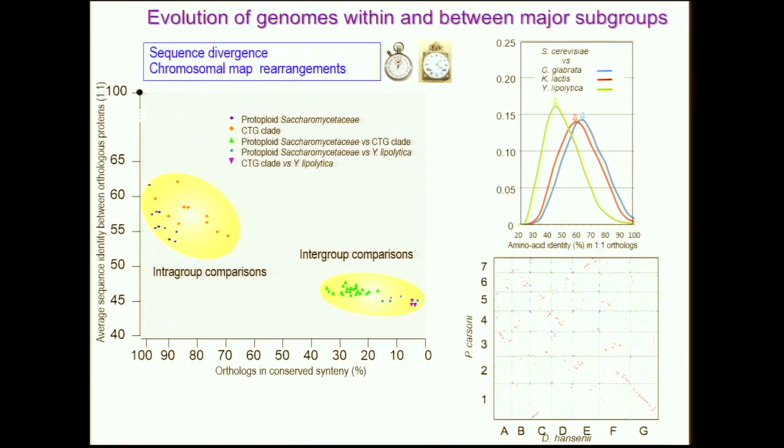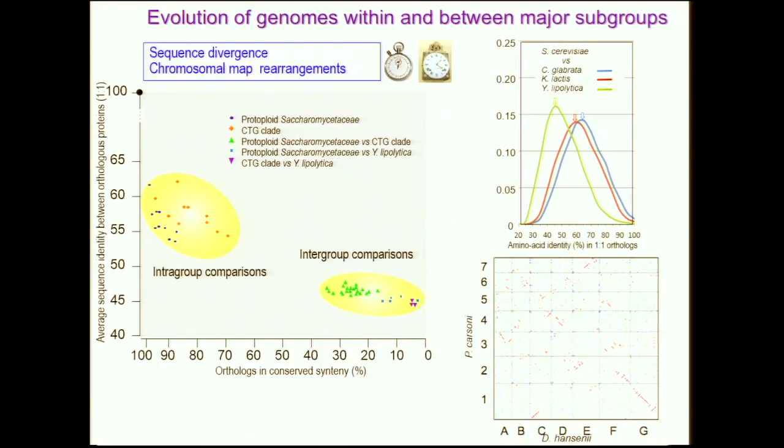If we compare, for example, average amino acid identity, or if we compare the conserved synteny, the proportion that the genes are next to each other in a conserved fashion, you will see that intergroup comparison shows a low proportion of amino acid identity, as you might expect, as well as a low synteny. The intragroup comparison shows slightly more amino acid conservation, as you might expect, and higher synteny as well.